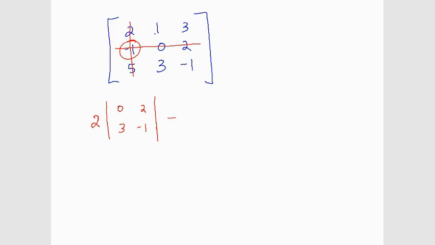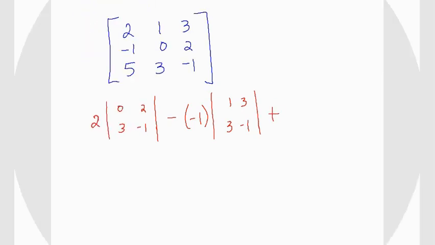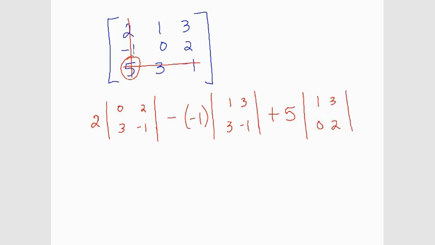So now I've got minus a negative 1 times the 2 by 2 determinant of 1, 3, 3, negative 1. And then we're going to do plus 1. And now I'm going to go down to the 5 and do the same thing. So we got 5 times the 2 by 2 determinant, 1, 3, 0, 2.